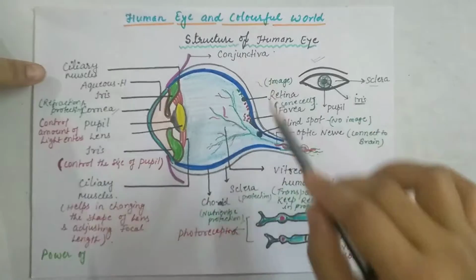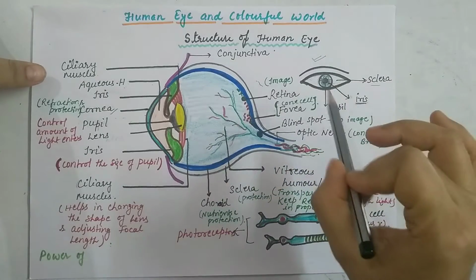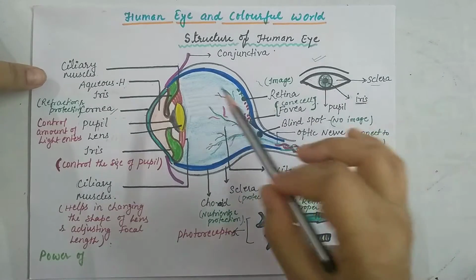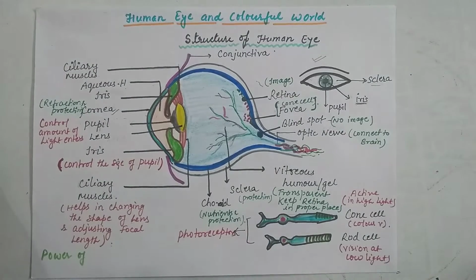I have already drawn a diagram here, and you can see that not only these three things are present in our eye, there are lots of parts. So let's go one by one. What are the parts of the human eye?